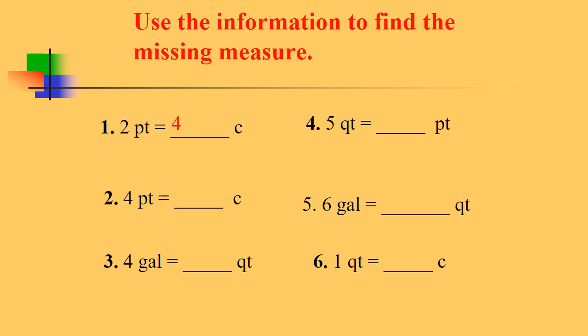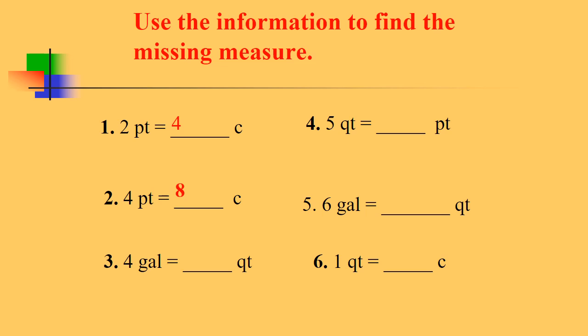Number 2, we have 4 pints equals blank cups. We're going from larger to smaller, so we have to multiply. 2 cups equals 1 pint. So we have 2 times 4 equals 8.